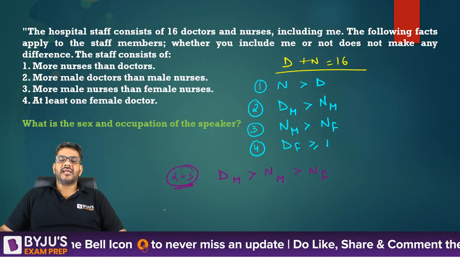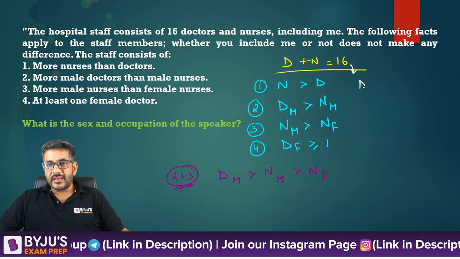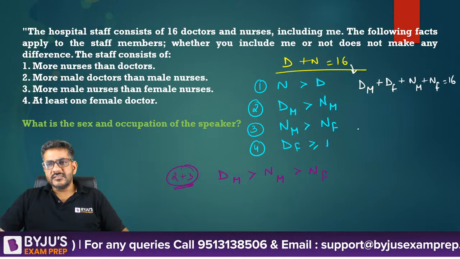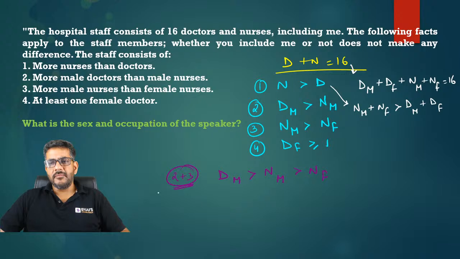Apart from that, there is one more thing that we can figure out from here: male doctors plus female doctors plus male nurses plus female nurses, they are equal to 16. And this can also be written as male nurses plus female nurses are greater than male doctors plus female doctors. इसको bifurcate किया है.